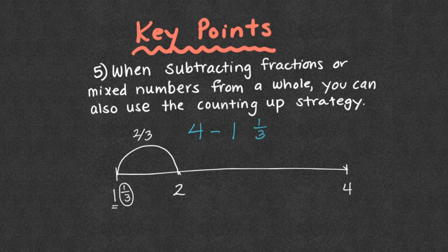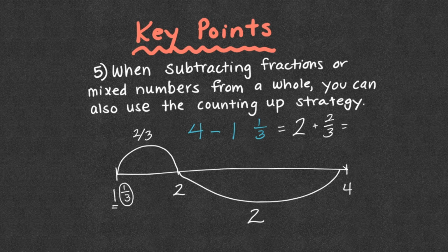Now how do I go from 2 to 4? Well, I have to add 2 wholes. So if I did 2 plus 2/3, that means that my answer is 2 and 2/3. Just by jumping and counting up. This is a strategy that works only when the first number is a whole number and it is subtraction.